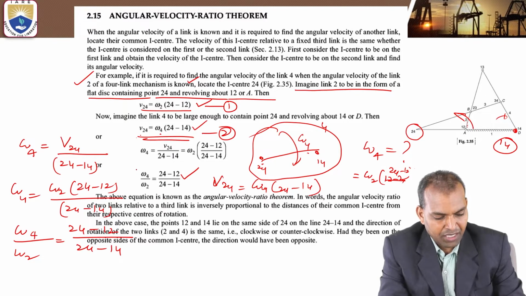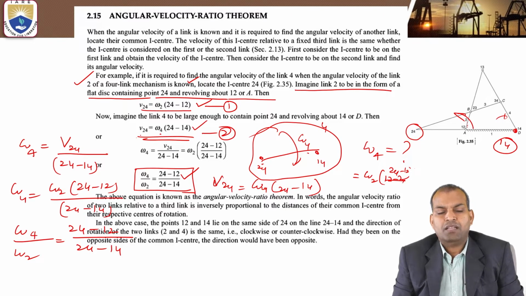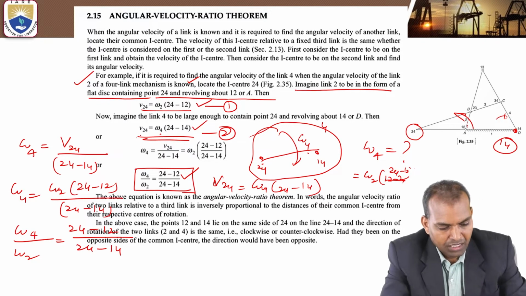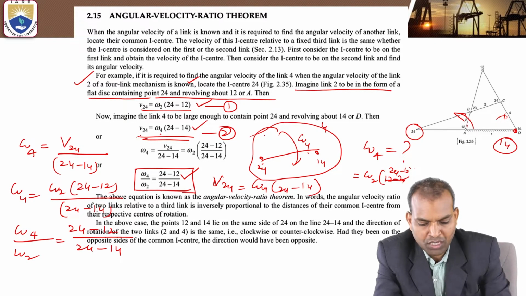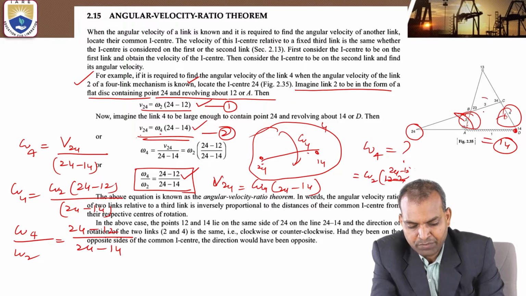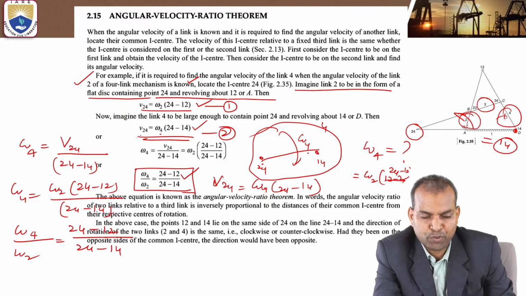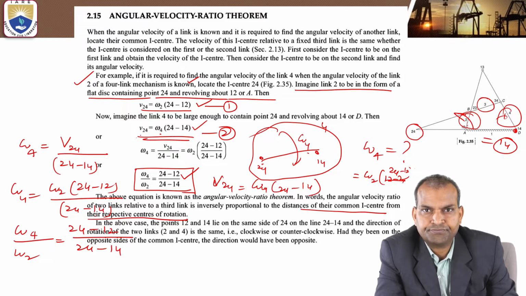Now this equation is known as the angular velocity ratio theorem. What is the angular velocity ratio theorem? In other words, the angular velocity ratio of two links relative to a third link is inversely proportional to the distance of their common instant center from their respective centers of rotation.